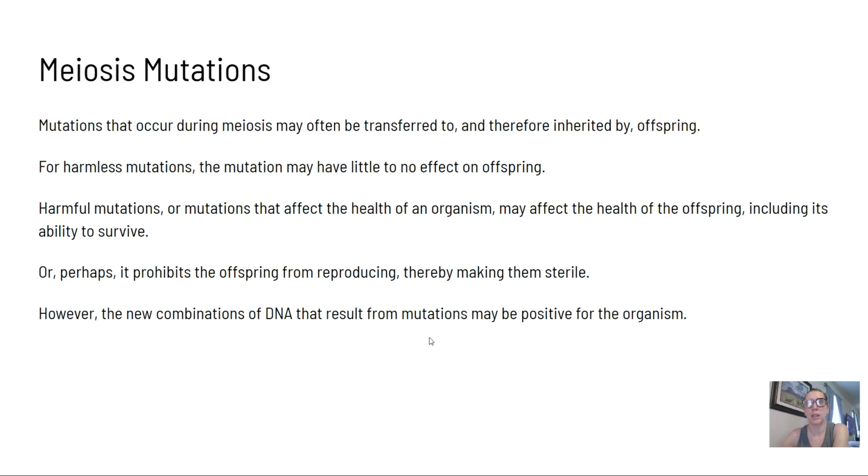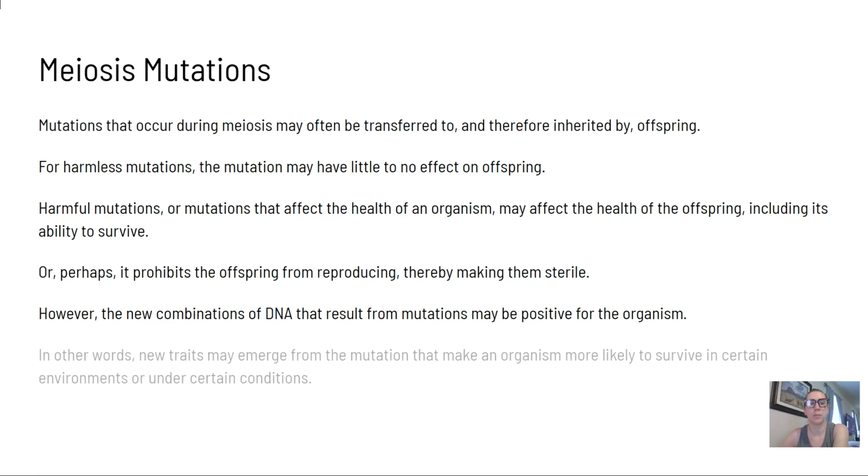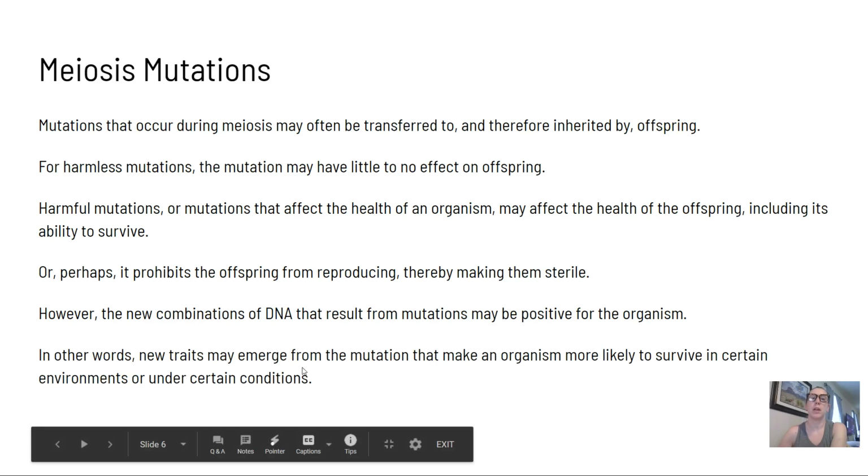This can affect the outcome and survival of a species. However, the new combinations of DNA that result from mutations may be positive for the organism. In other words, new traits may emerge from that mutation that make an organism more likely to survive in certain environments or under certain conditions.